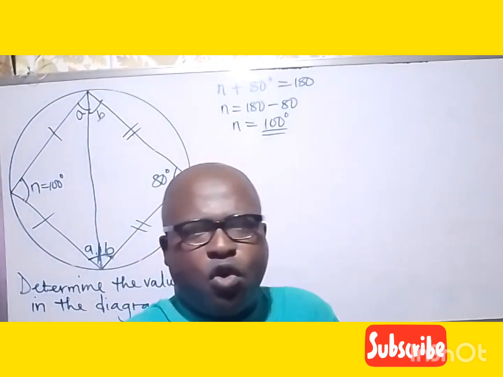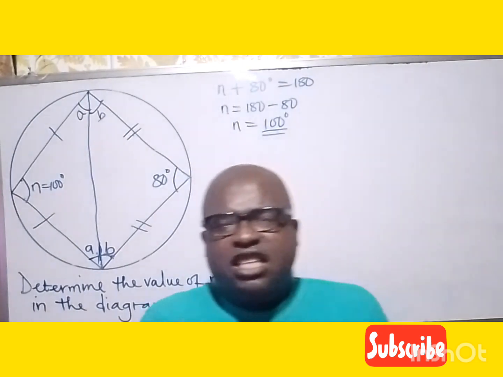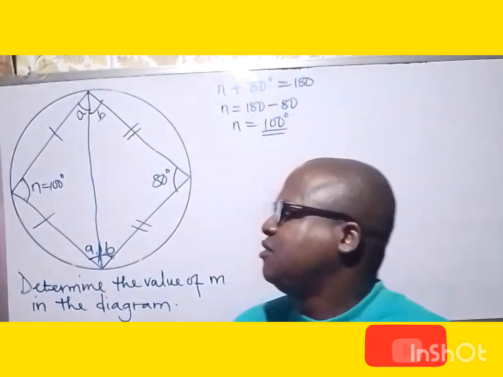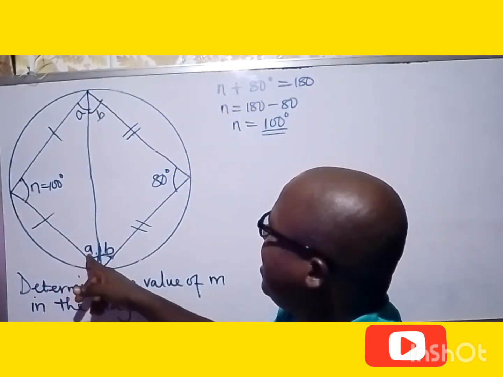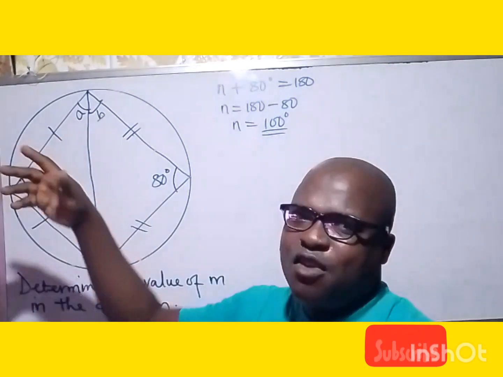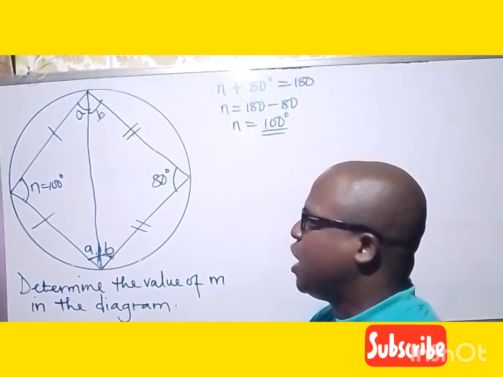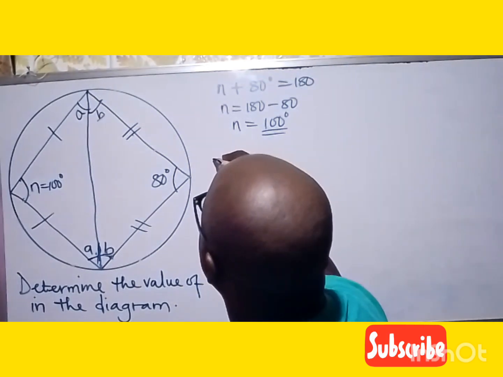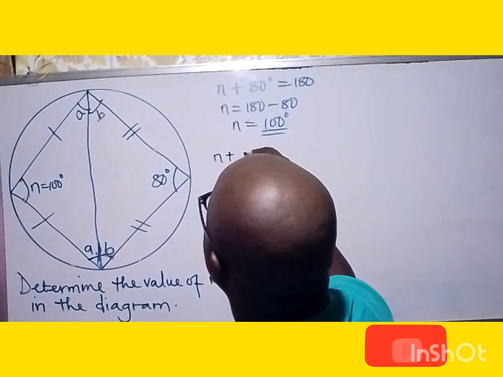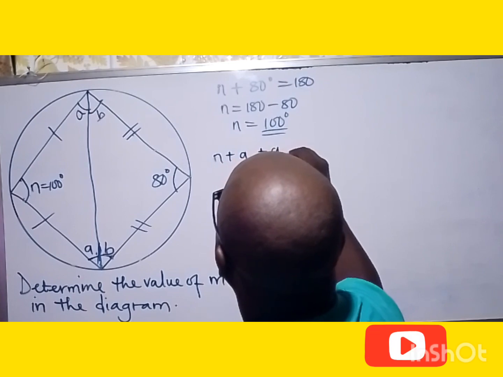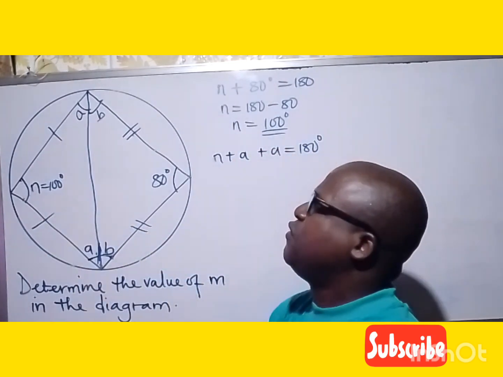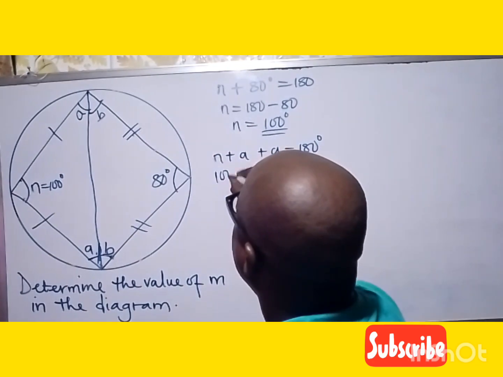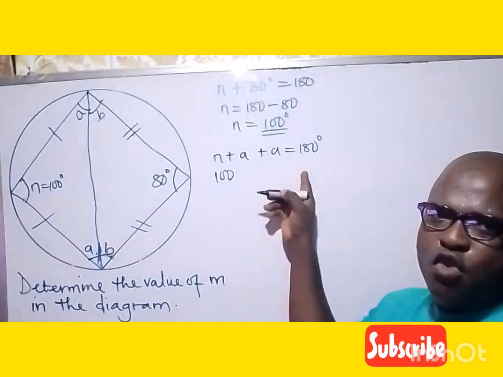But of course, we already know that the sum of angles in a triangle is always 180 degrees. That means my n, this A, and this A, when you add them together, I am going to have 180 degrees. That means I'm going to have n plus A plus A equal to 180 degrees. I have gotten the value of n to be 100, so I have 100. Then A plus A will give us 2A.